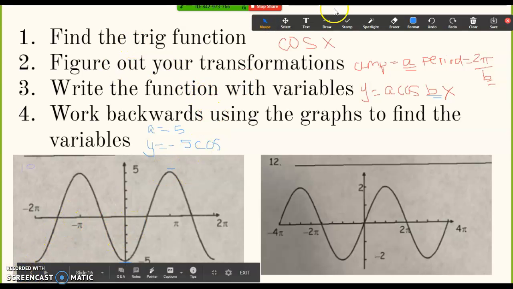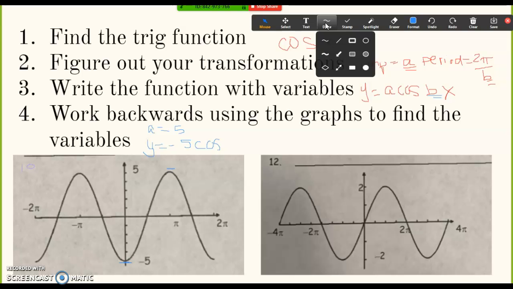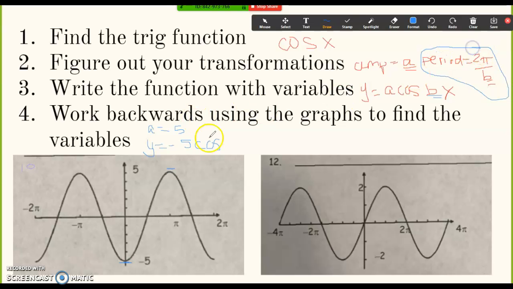Remember our B value, what we're going to do is work backwards from the period equaling 2 pi over B. I know the period because the period is one full cycle, and I'm looking at the x-axis. For this to do the whole U shape, it's going to end at 2 pi.